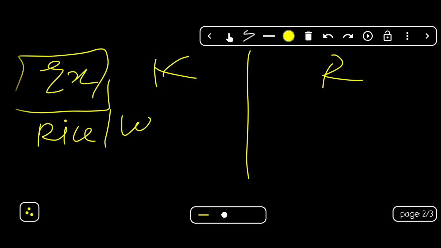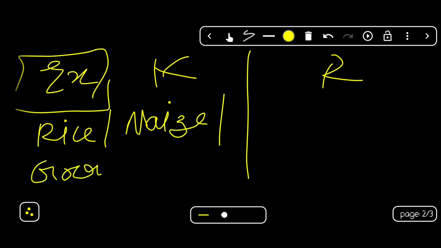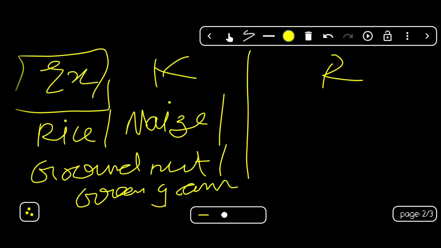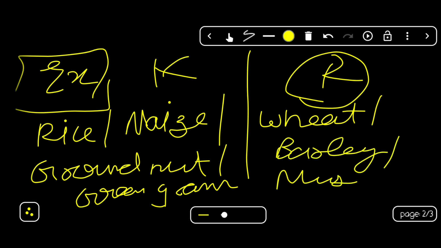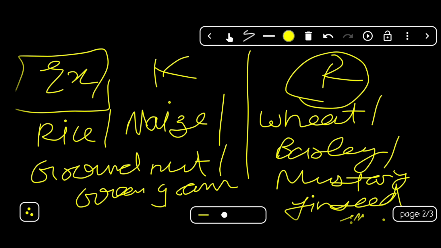And Rabi crops are wheat, barley, mustard, linseed, etc.